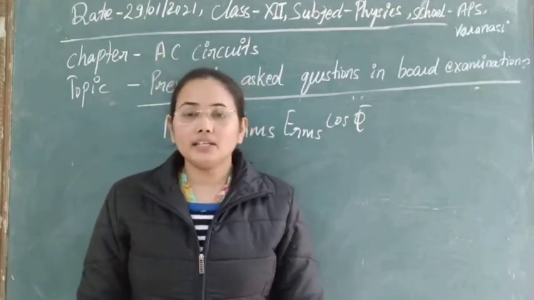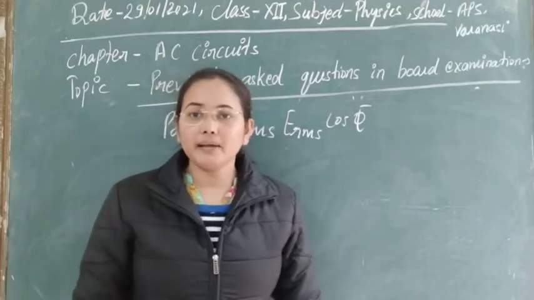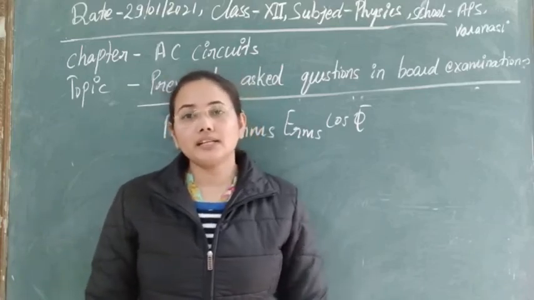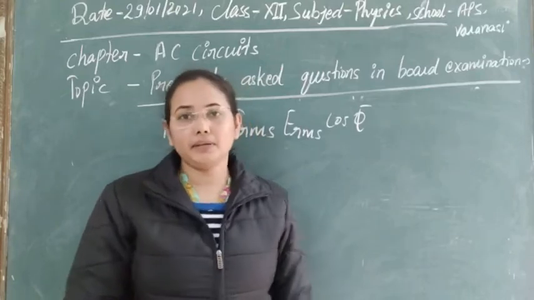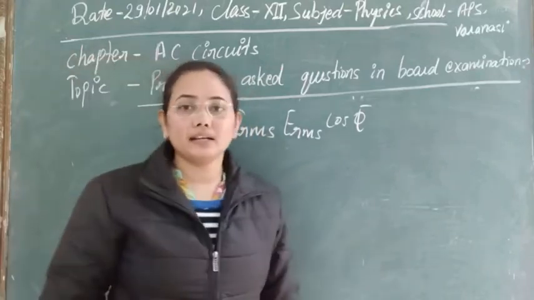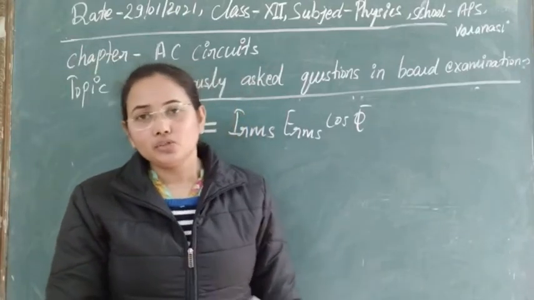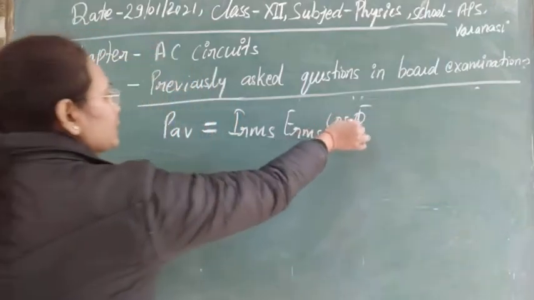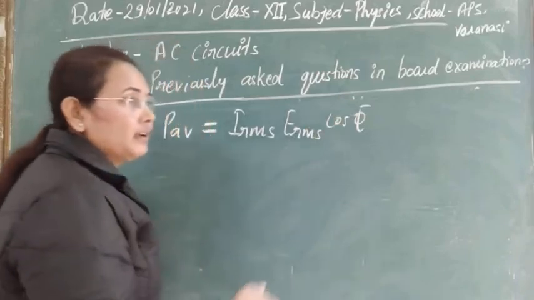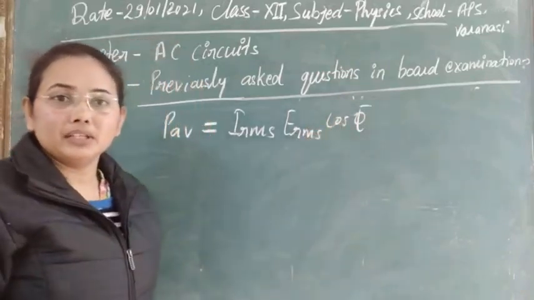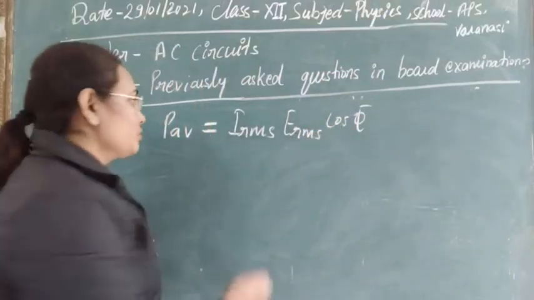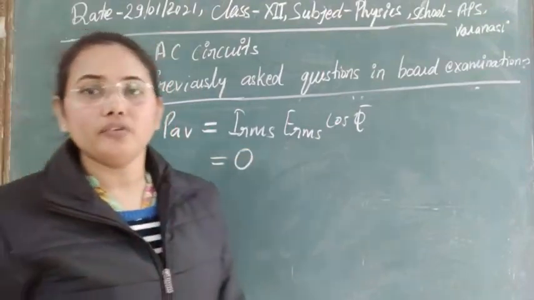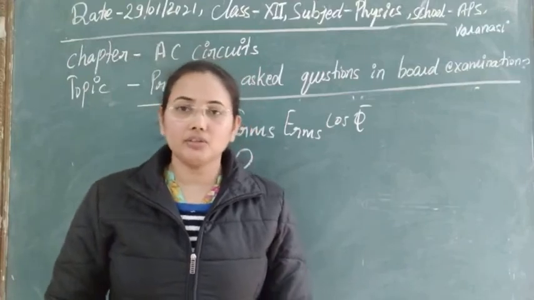In an inductive circuit, voltage leads the current by pi by 2, and in a capacitive circuit, current leads the voltage by pi by 2. So if you take the difference between the two, it will be pi by 2. If we put in the value cos phi equal to cos pi by 2, that value is 0. So the average power for any inductive circuit or capacitive circuit is equal to 0.